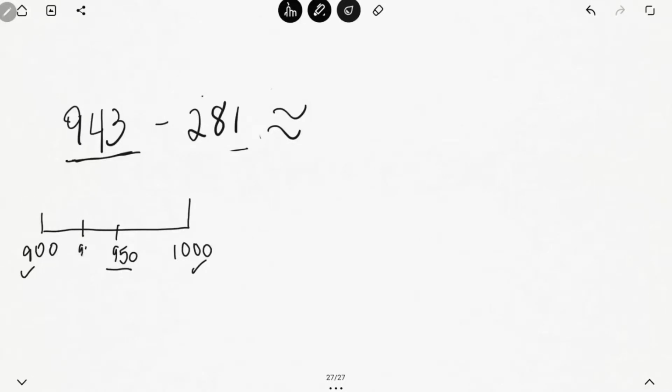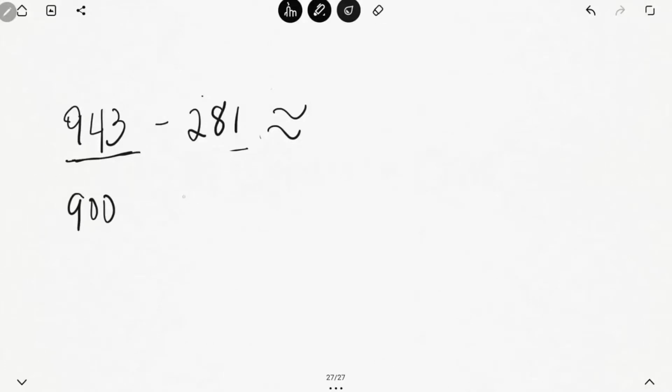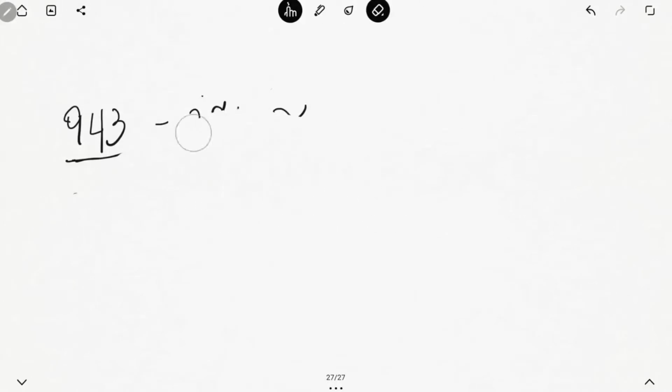And 943 would fall here, closer to 900. So the nearest hundreds to 943 would be 900. The nearest hundreds to 281 would be 300. So 943 minus 281 is approximately, remember the squiggly line, 600. So that's one subtraction question.